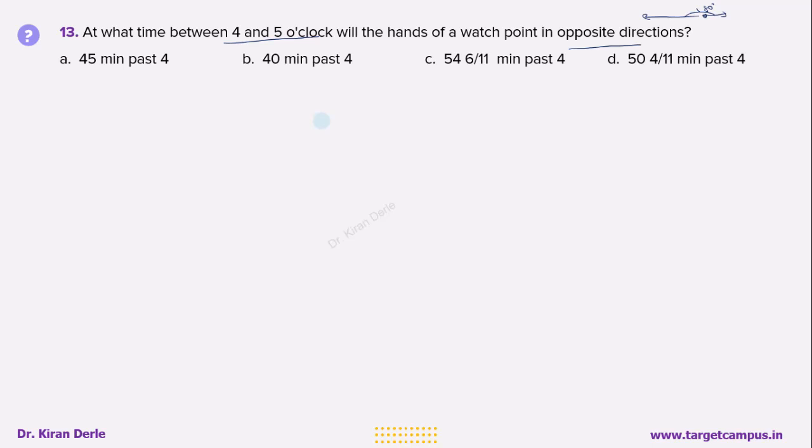In the clocks topic, we have already got the formula for these questions: when time is asked, time in minutes is equal to 2 by 11 into (30h plus or minus theta), right? Plus or minus theta, where theta is the angle. Fine.